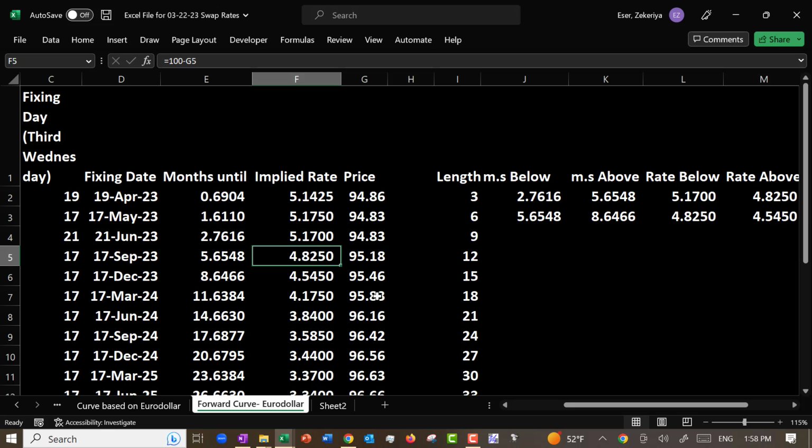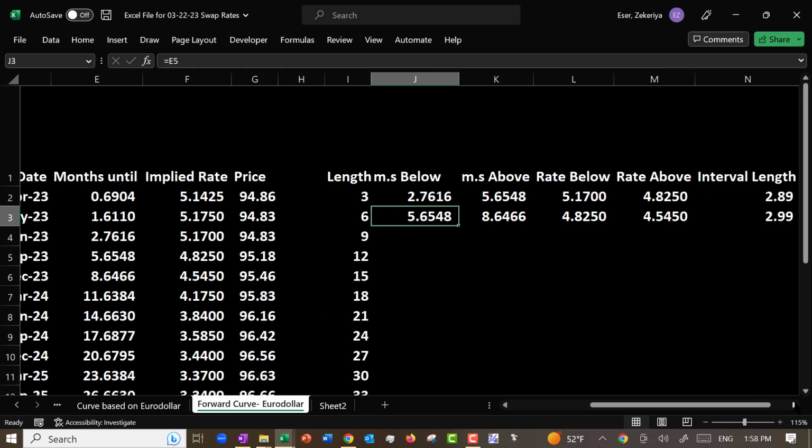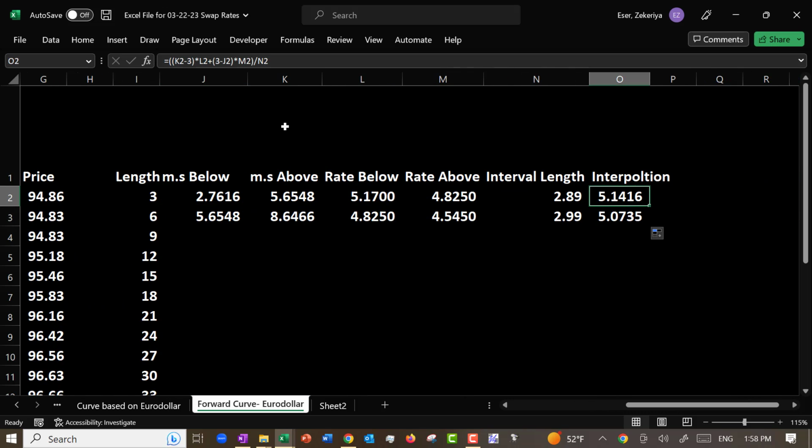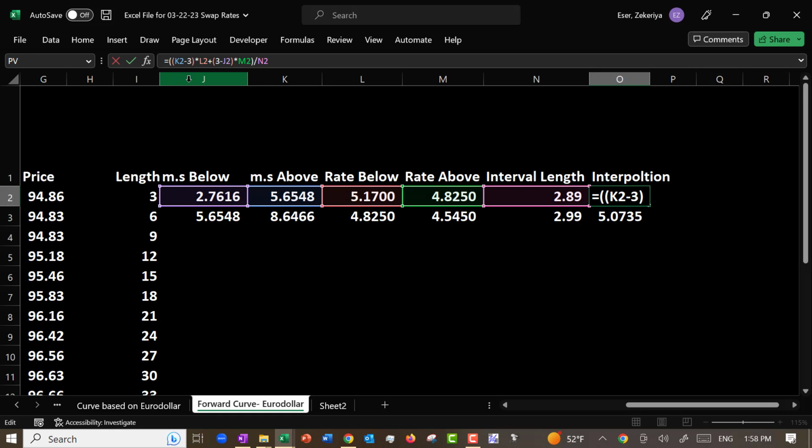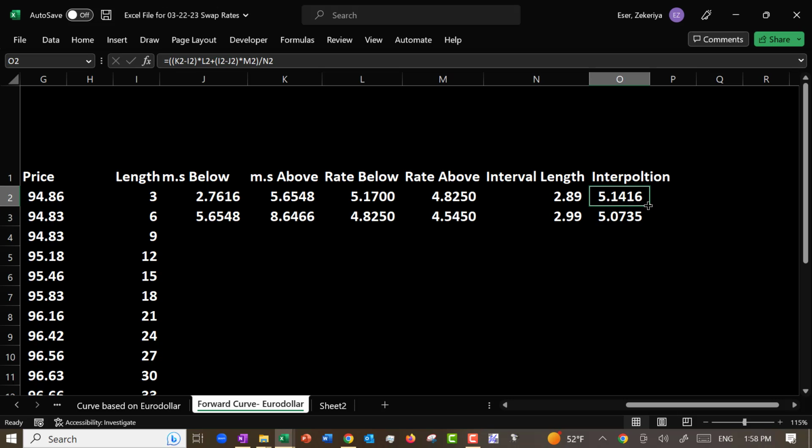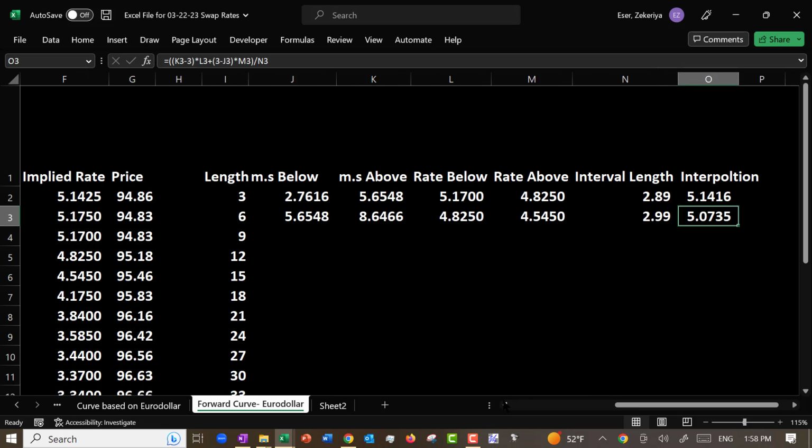You never want to hard code stuff because that's going to change, right? The reason I immediately knew this was incorrect is it has to be between 4.82 and 4.54.